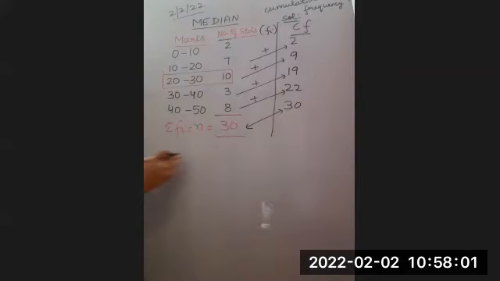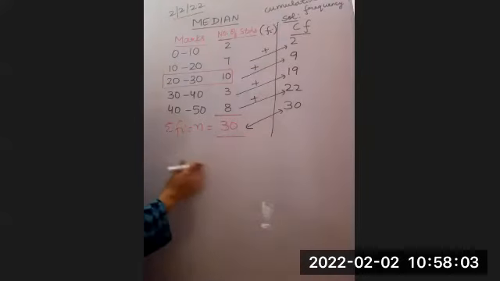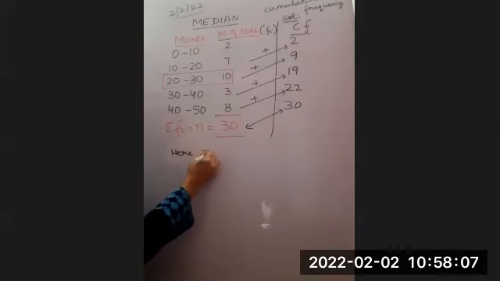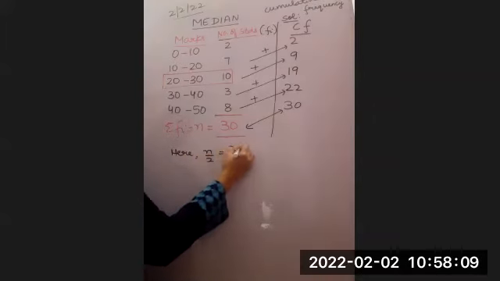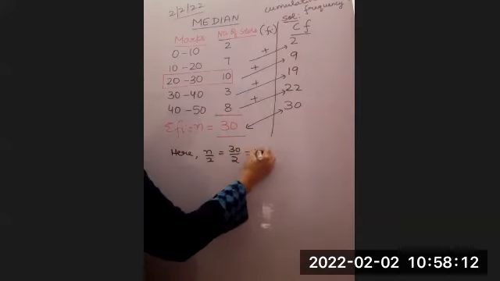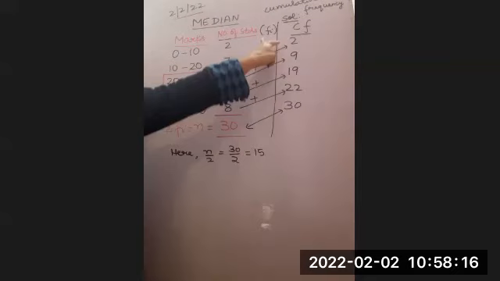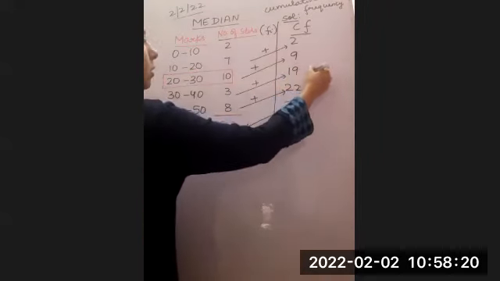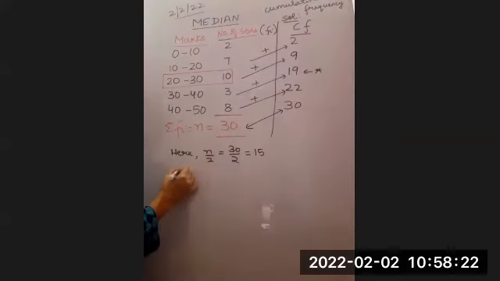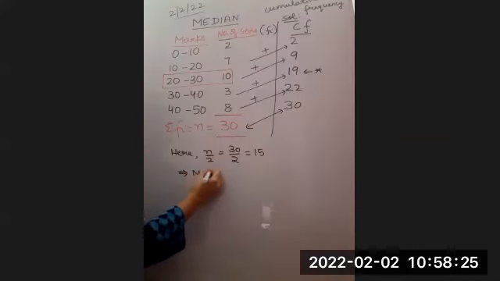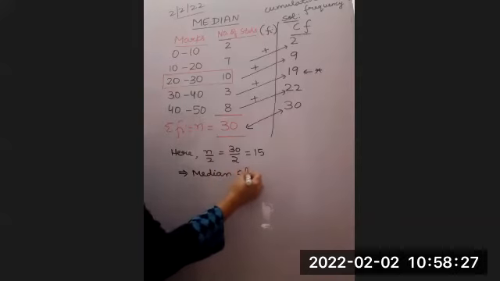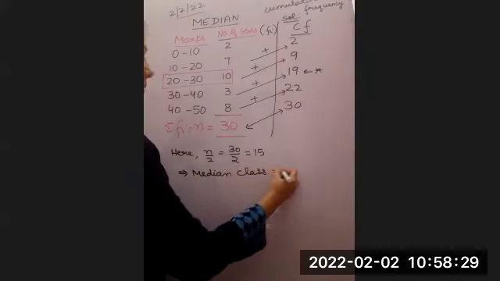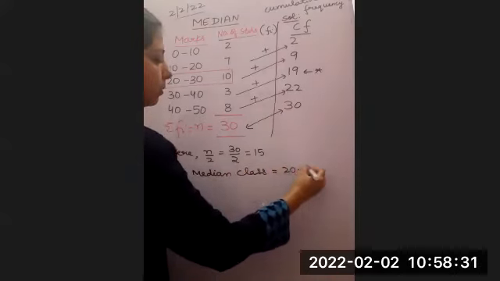All right, children. After getting to know the formula of median, let us see. Here n by 2 would be 30 by 2, which is 15. Just greater than 15 is 19. So the median class is 20 to 30.